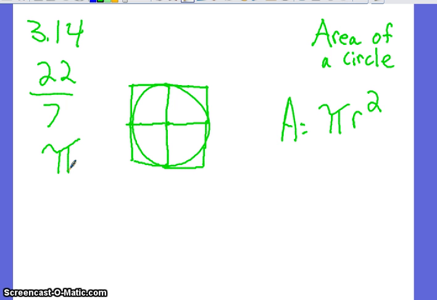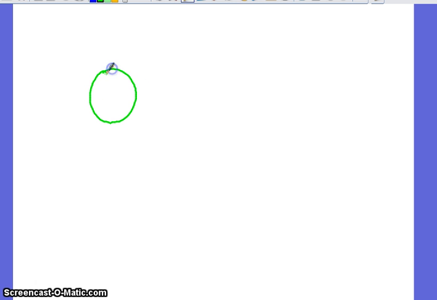Okay? So I want you to draw 3 circles in your notebooks. In your first circle, draw a diameter. So that's going to go through the center, all the way through. And that's going to be 8 centimeters.